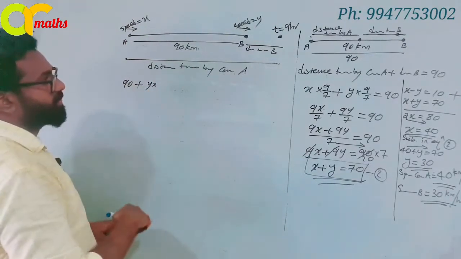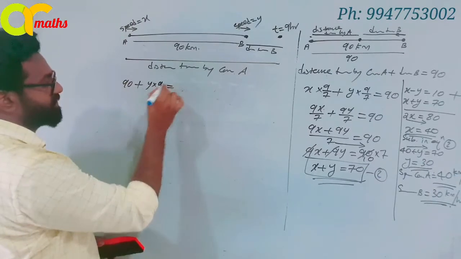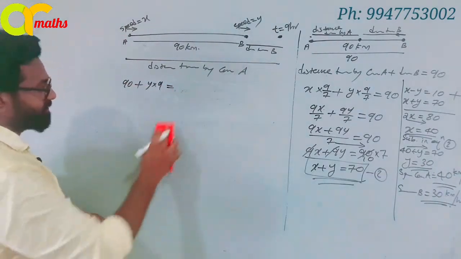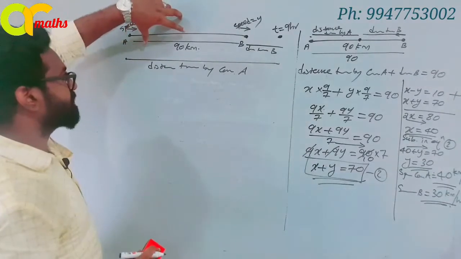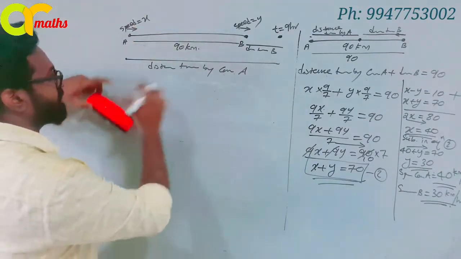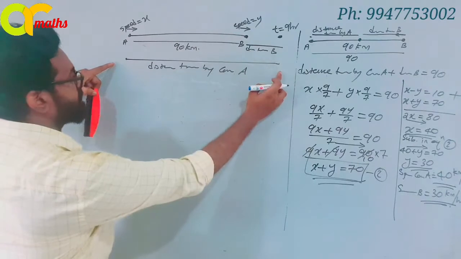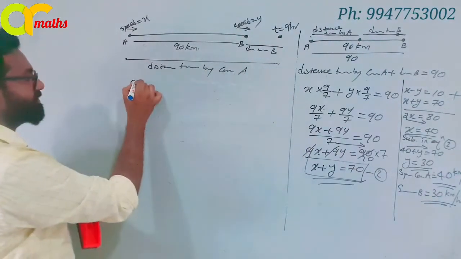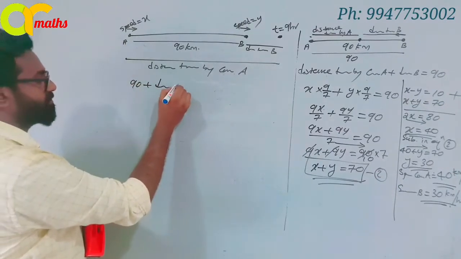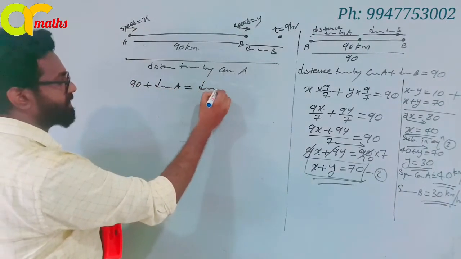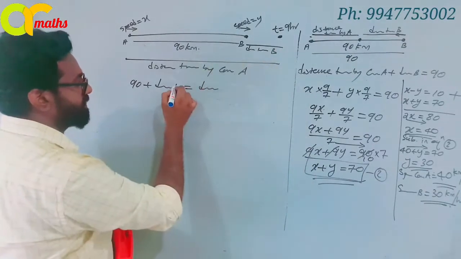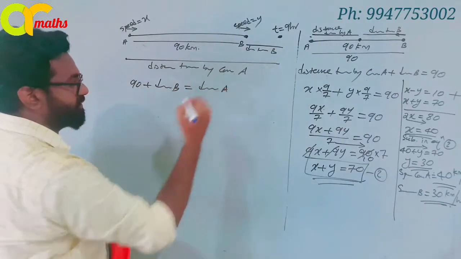What is t here? 9. So 90 plus the distance travelled by B is equal to the distance travelled by car A.